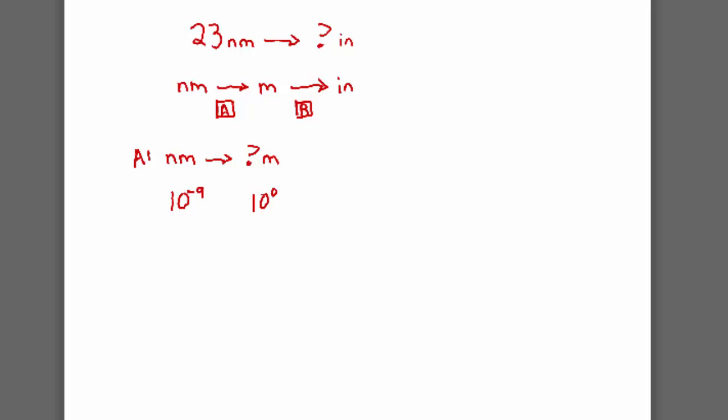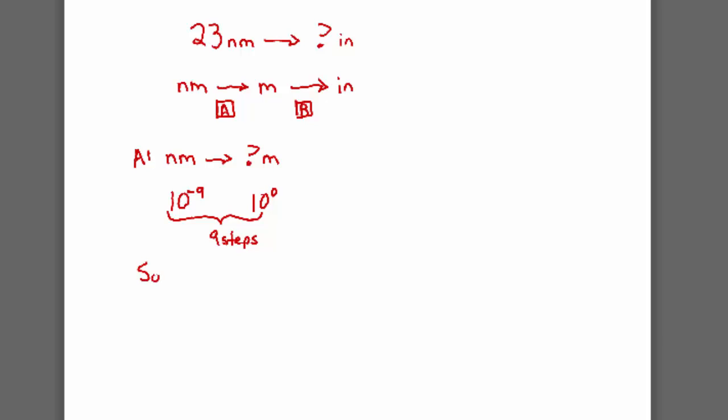So we would have a power of 10 to the 0. The difference between these two powers of 10 is 9 steps in powers of 10, going from minus 9 up to 0. Each of these steps represents one power of 10.